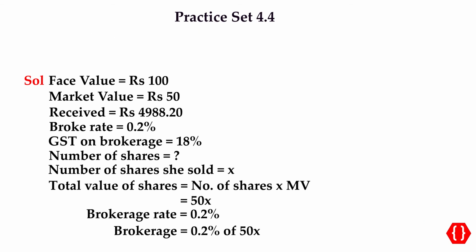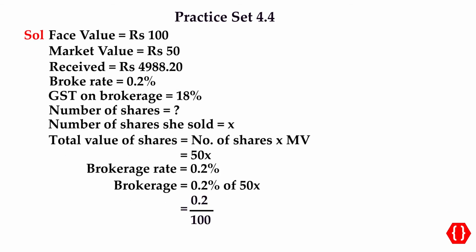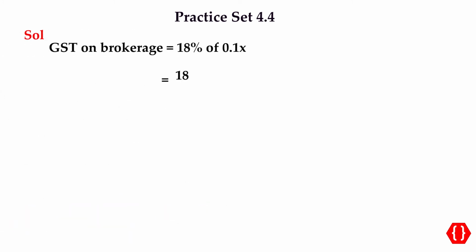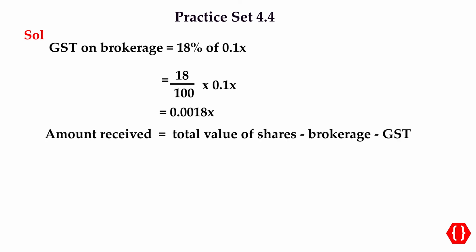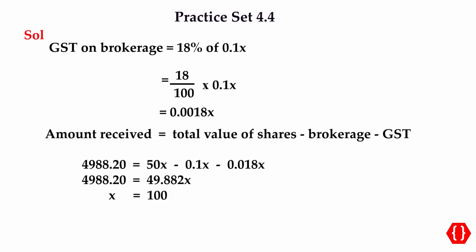We get brokerage as 0.1x. GST on brokerage is 18%, so 18% of 0.1x, we get 0.018x. The total amount received will be the total value of shares minus brokerage and GST. So we get x equals 100. So the total number of shares she sold is 100.